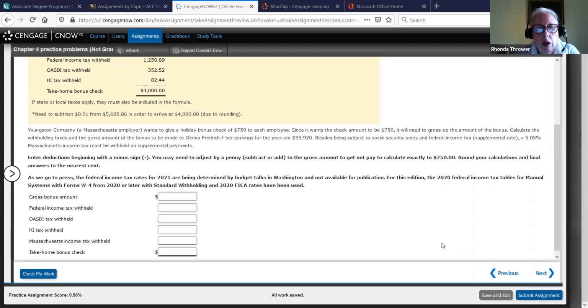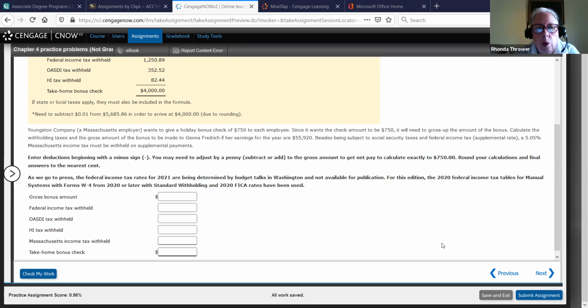So first of all, the formula for this particular problem is in your textbook, so you want to look at your textbook for the formula. The formula is basically, we're going to take the amount of the intended payment, and we're going to divide that amount by 1 minus the applicable tax rates that are combined.